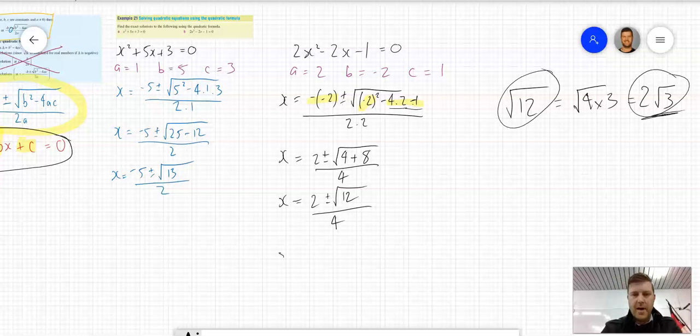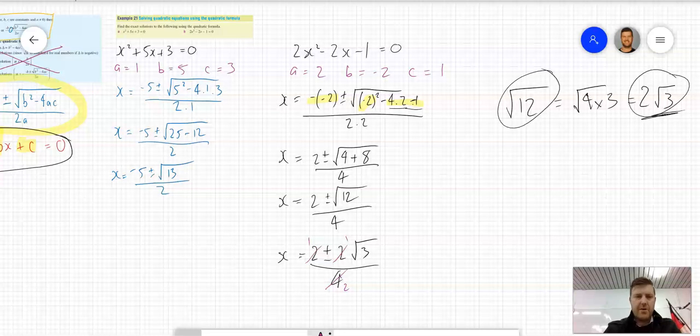So x is equal to 2 plus or minus 2 root 3 over 4. Okay, and now I can actually simplify the fraction here, because 2 over 4 is the same as saying 1 over 2.